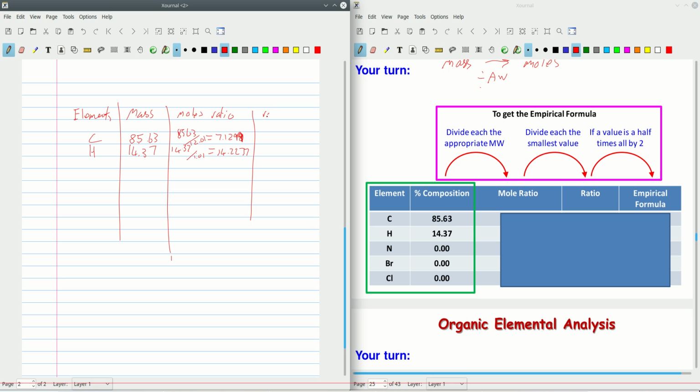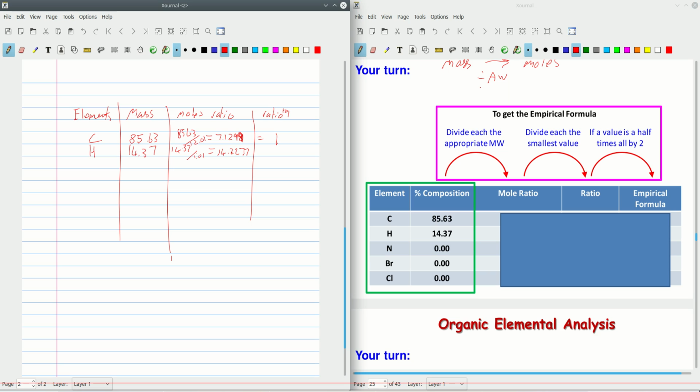We then need to ratio to 1, and we do that by dividing each by the smallest. So 7.1299 divided by itself is 1.